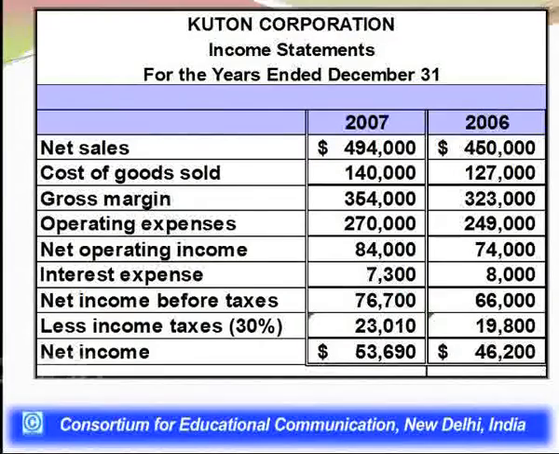The net income of the company is 53,690, right? And if we divide it with your net sales, it is giving you the net profit ratio of 10.87, right? So this is something very, very interesting to study.